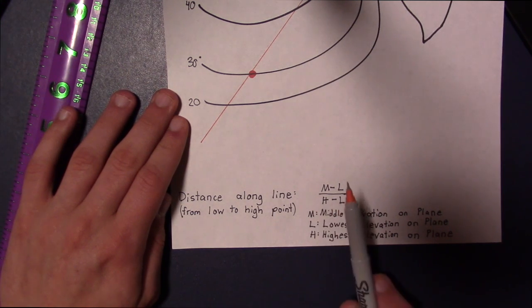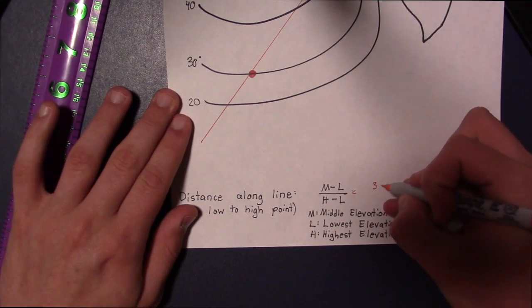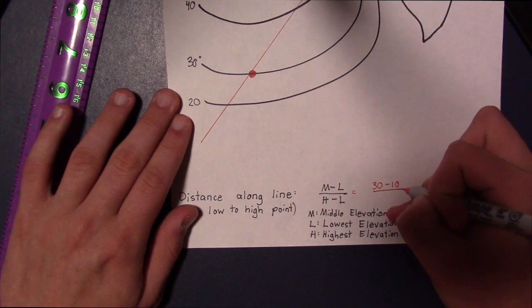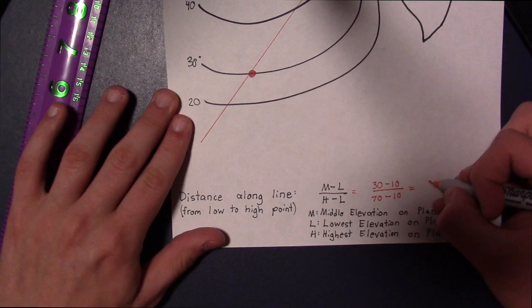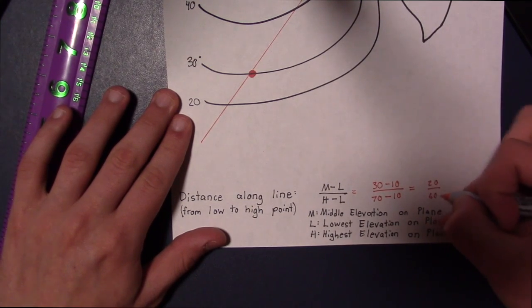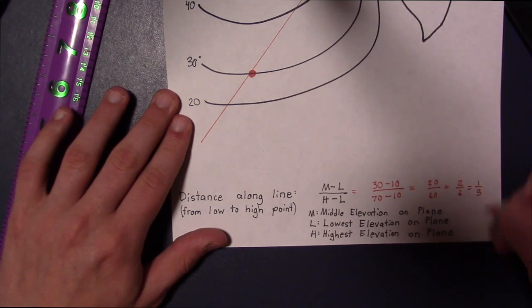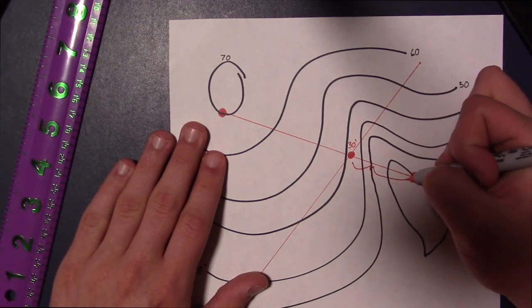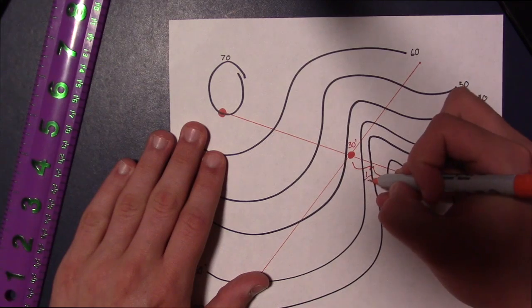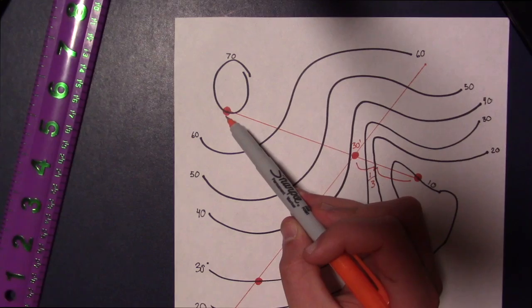And this formula for us gives us 30 minus 10 divided by 70 minus 10, which in this case is 20 over 60, which equals 2/6, or we could call this 1/3. And so this distance right here is 1/3 the distance from here to here.